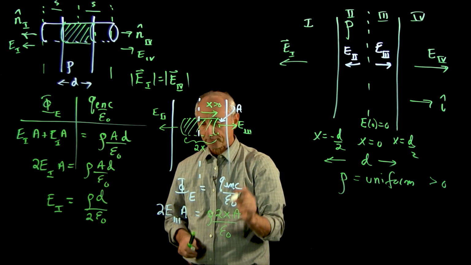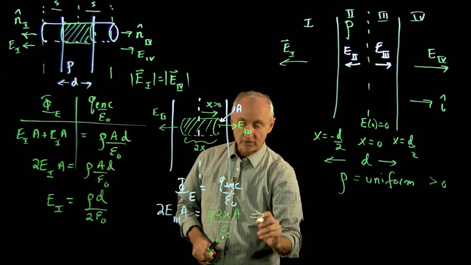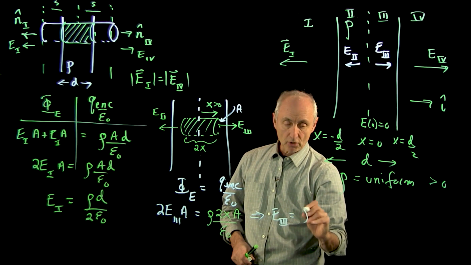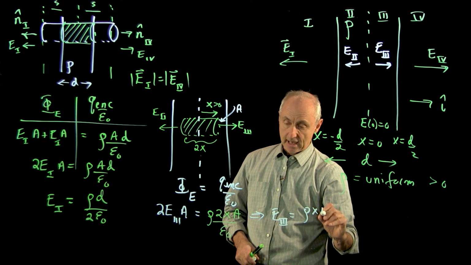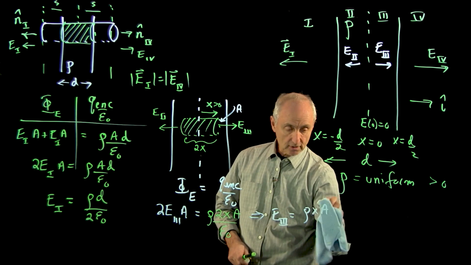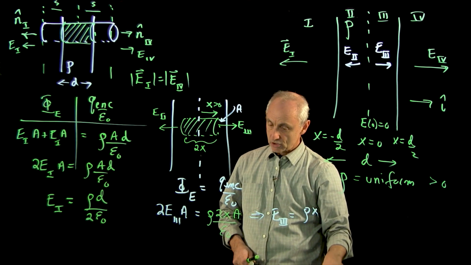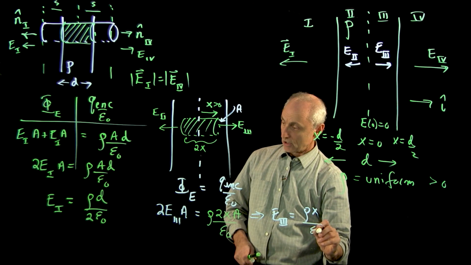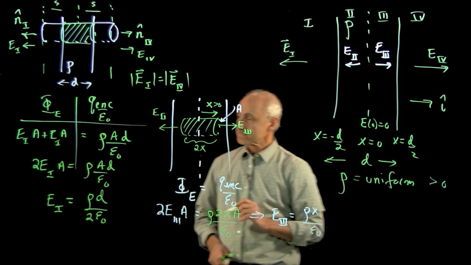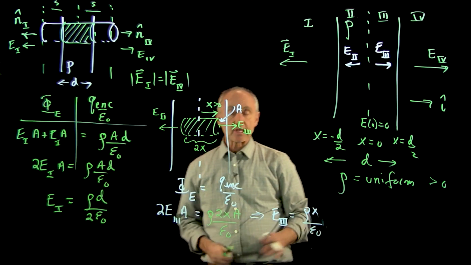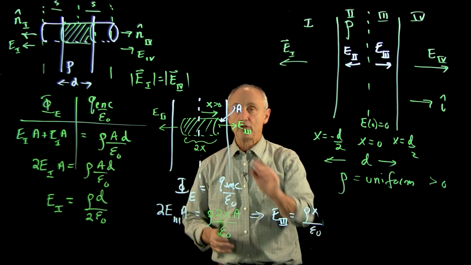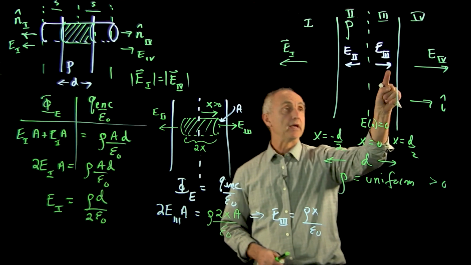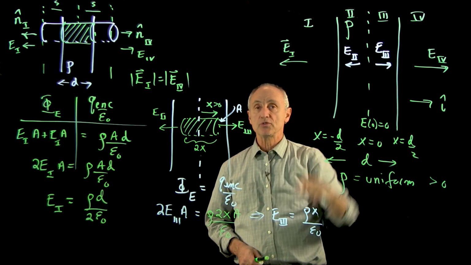And this tells us that our electric field E3 is equal to rho x over epsilon naught, as the A's cancel on both sides. And that is our electric field in region 3. It points this way. The field in region 2 points the other way.